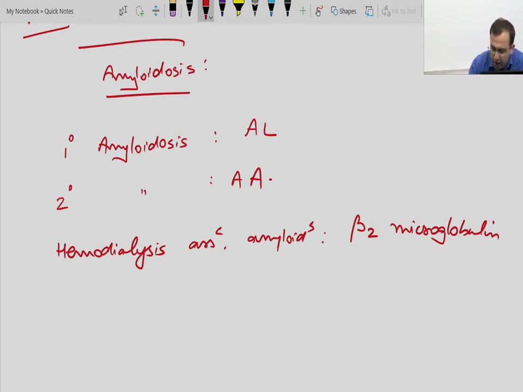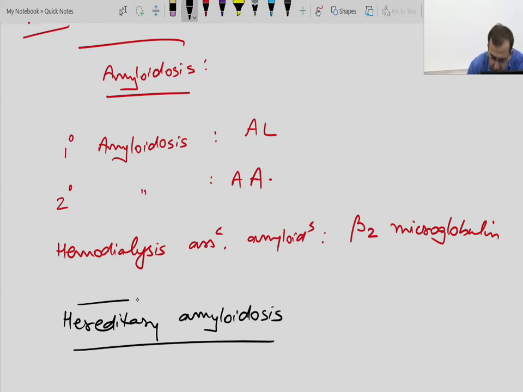Primary, secondary, hemodialysis associated. This gets us to the next category, hereditary amyloidosis.